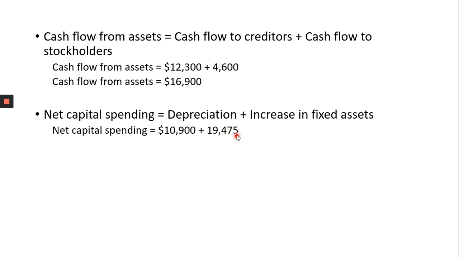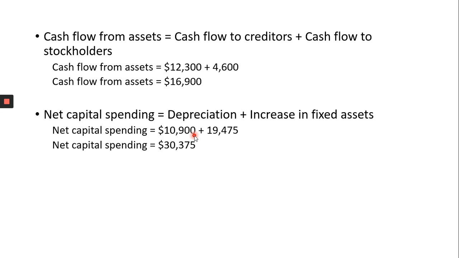So this one is already given in there. If you add them together, your net capital spending will be $30,375.